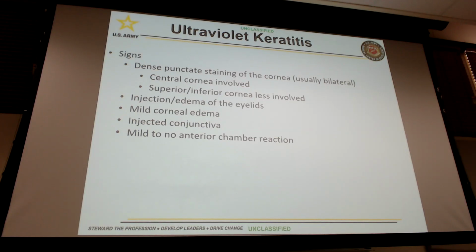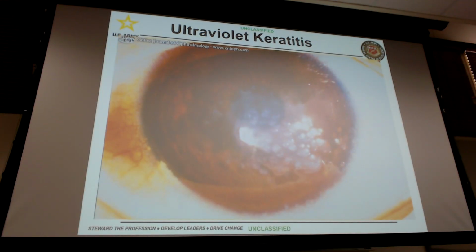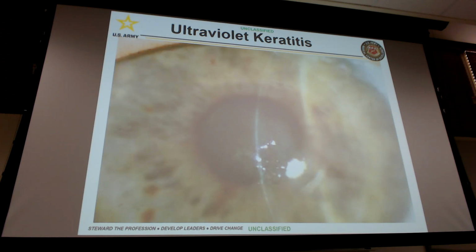The cornea is going to be not looking nice, so you'll stain it and it's going to be glowing with the stain. This is a picture of what ultraviolet keratitis looks like. So if you stain that, that's going to glow. All of that stuff in there, those epithelial defects will all glow with the stain. Okay, another picture under the slit lamp of ultraviolet keratitis.